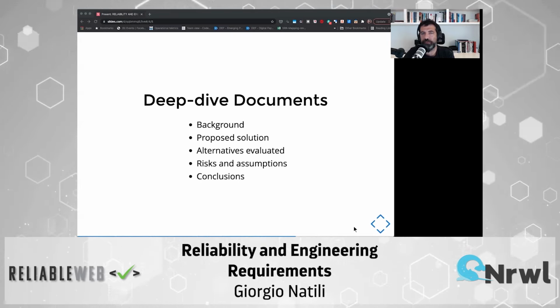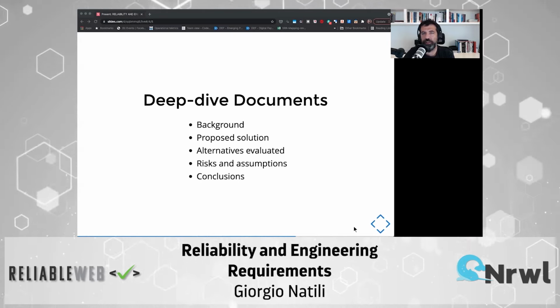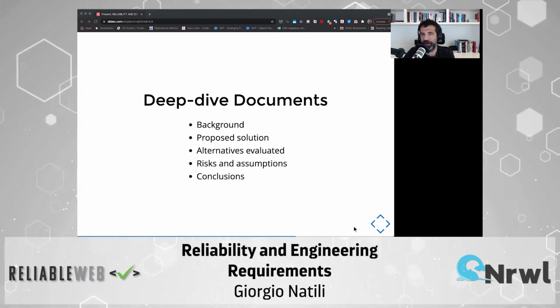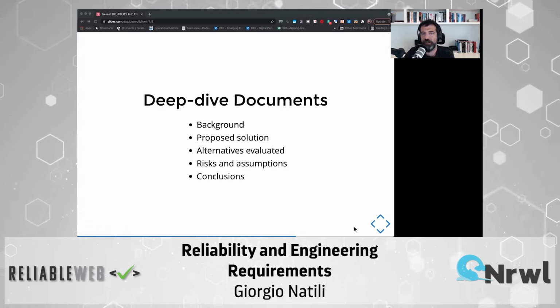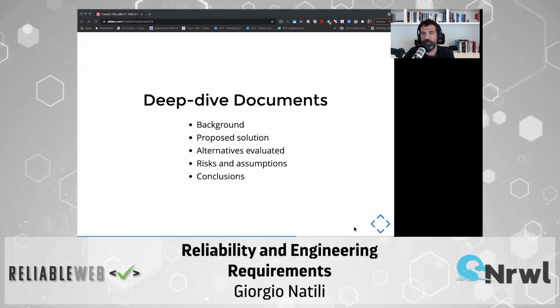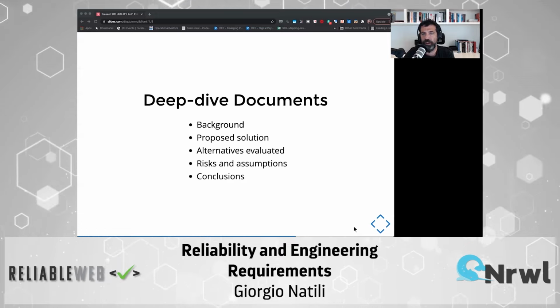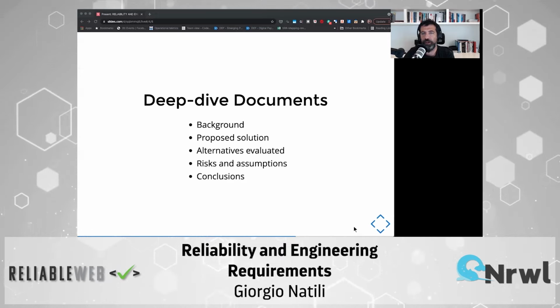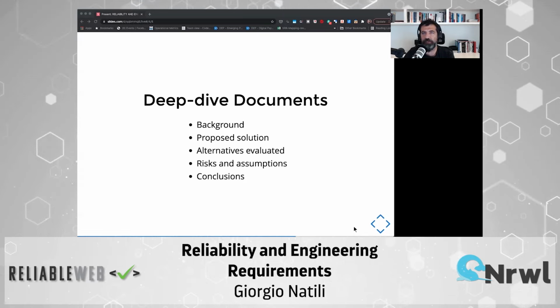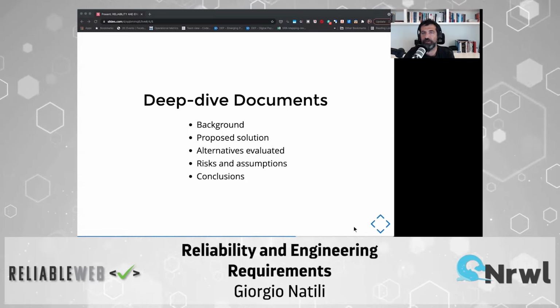Be self-critical and show that you considered alternatives and why they failed, at least in your perspective and in your design. Identify the risks and the assumptions that you're making in proposing this solution, and come out with a conclusion. A concise document like this can drive a conversation and keep the conversation really on track.